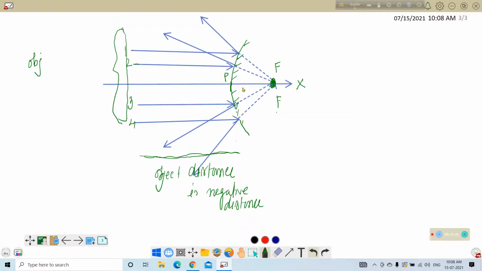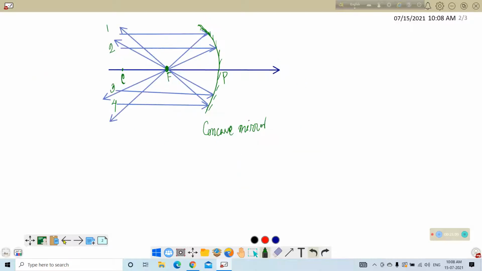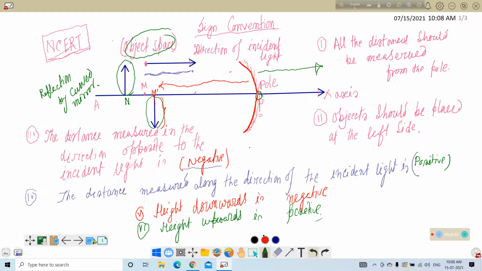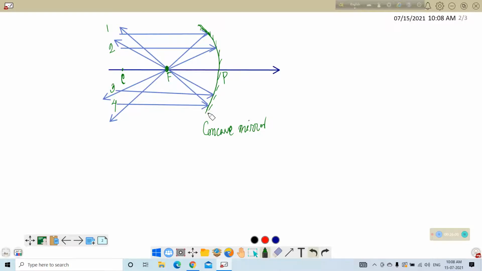But this is the image formed by those rays. This distance is positive distance. In case of object distance is negative and also image distance also negative. Both the distances are negative distances.